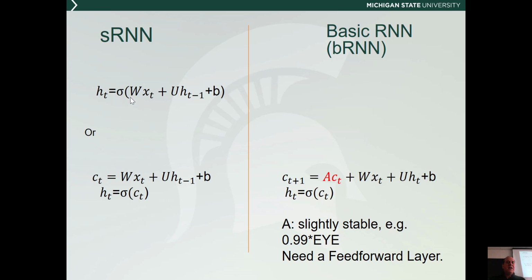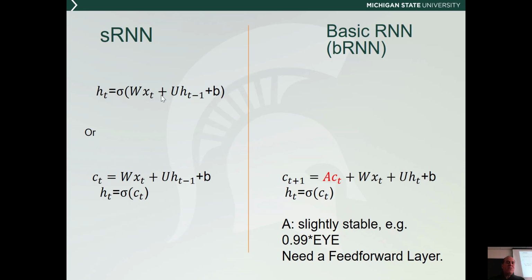And it's a function of, in this notation, I'm using the same notation as in some references. XT here stands for input, HT the activation, so you have the prior activation also fed back, and you have a bias.